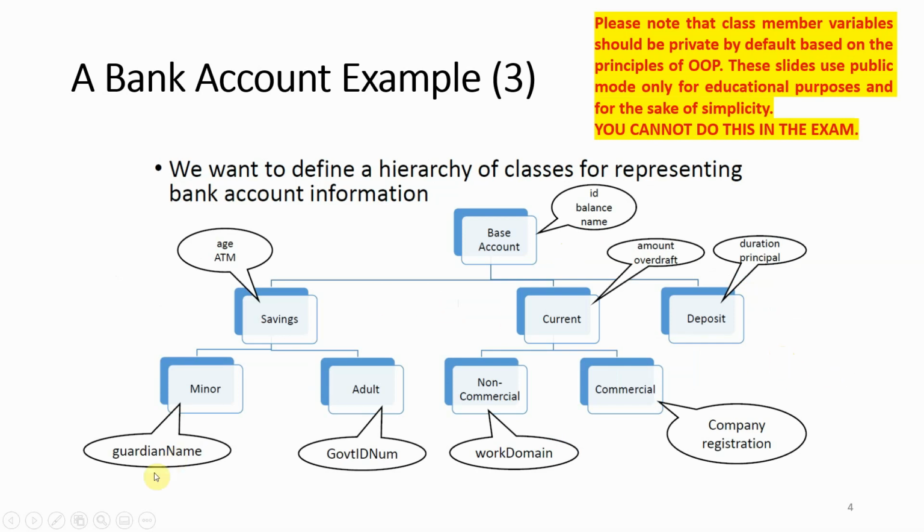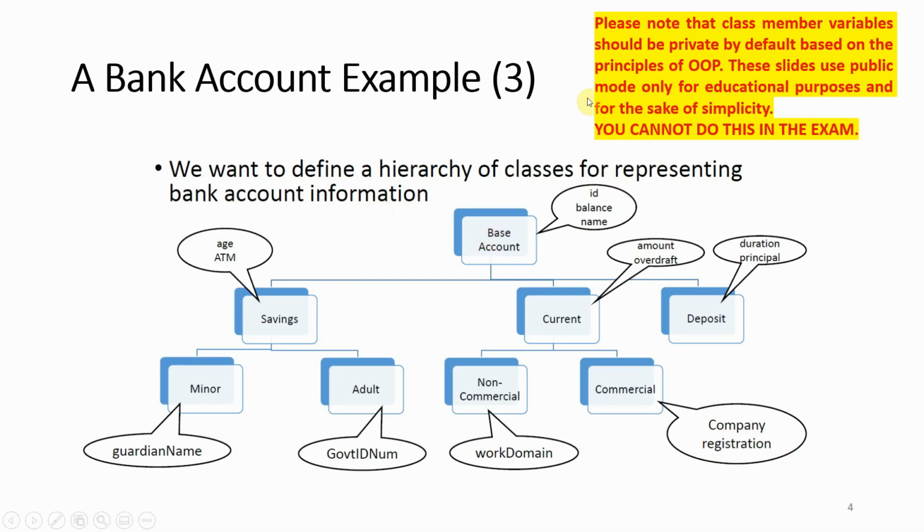And this can go on, right? For a minor, you might have, in addition to ID, balance, name, age, and ATM number, the guardian name. For the commercial, in addition to ID, balance, name, and overdraft amount, you might have the company name and the registration number. So we want to define a hierarchy of classes for representing bank account information.